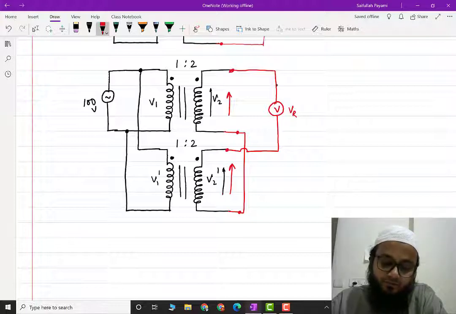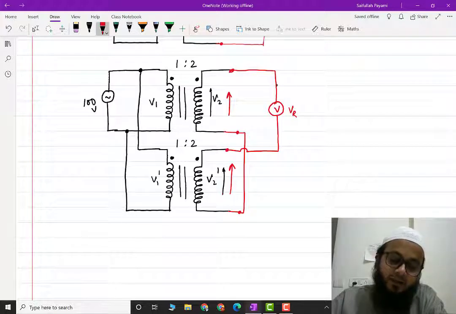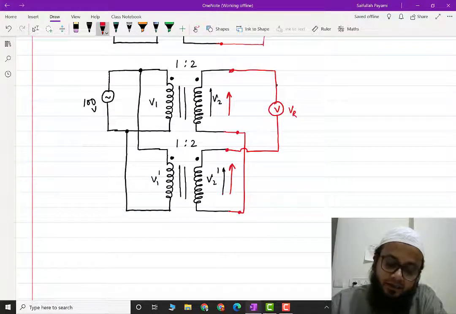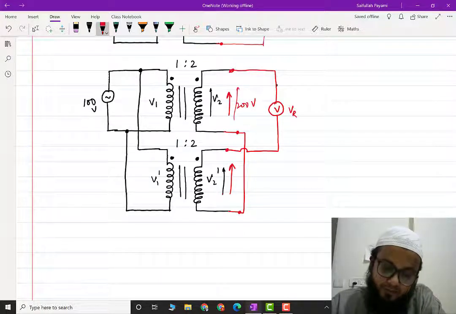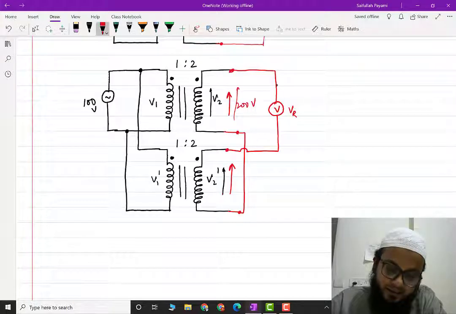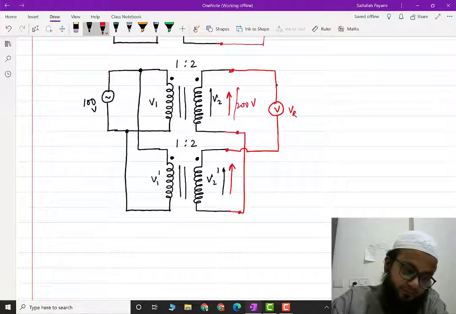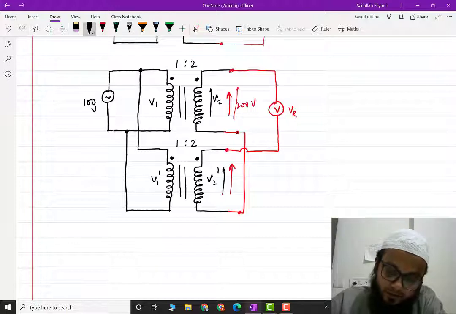Now you can see that this voltmeter will actually read the potential difference here. Here it is 200 volt in this direction, and here also, because this is the common point. So they are at the same potential now.